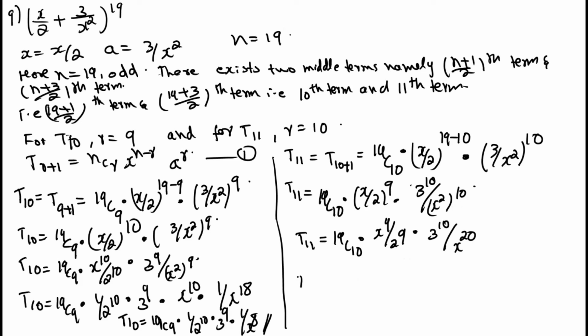So simplify this one, T11 equal to 19C10 into, see, first I'll write the constant term 3 to the power 10 by 2 to the power 9 into x to the power 9 by x to the power 20, that is 1 by x to the power 11 is remaining in the denominator. So these are two middle terms.